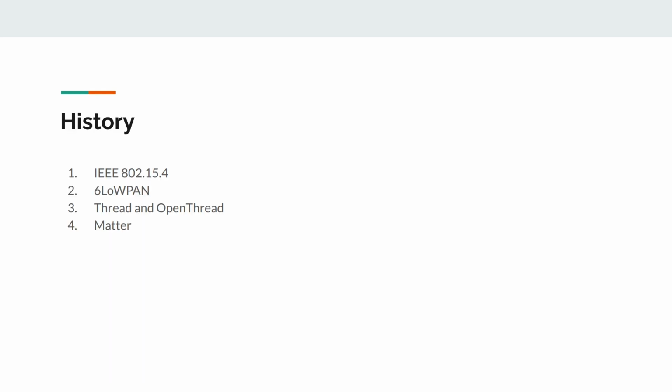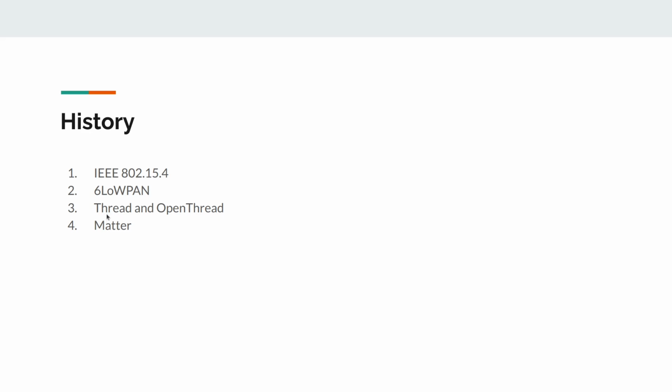And after some time, Thread and OpenThread, or basically the Thread organization, was created by these bigger companies to ensure that there was a unified wireless communication standard or technology available that would be interoperable.